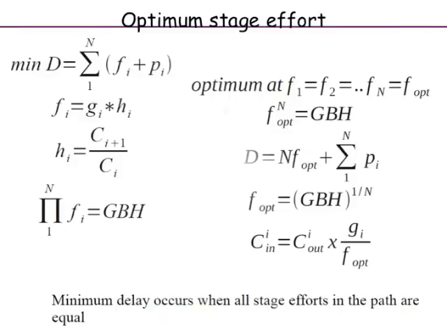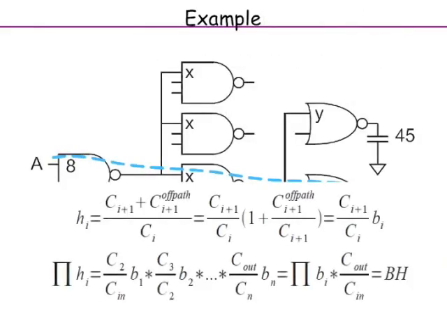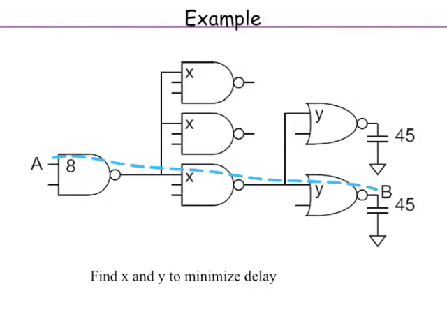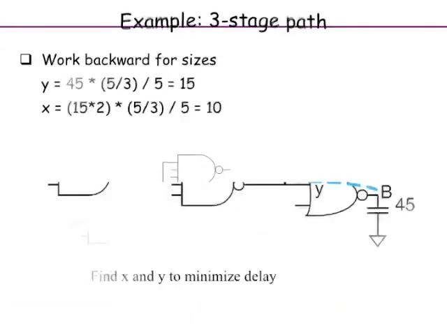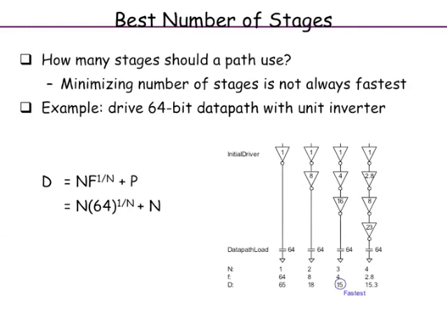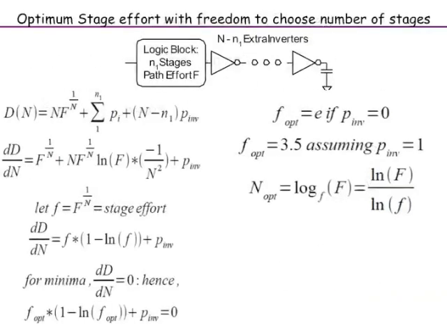Now we are saying we can also change n, by adding extra inverters perhaps. So I have another equation out here.